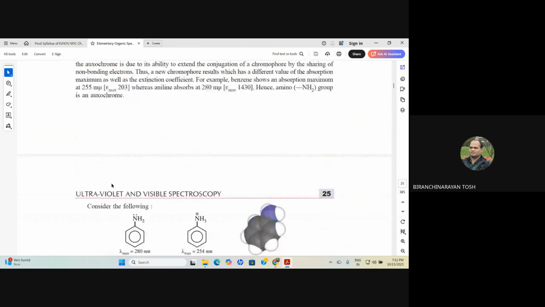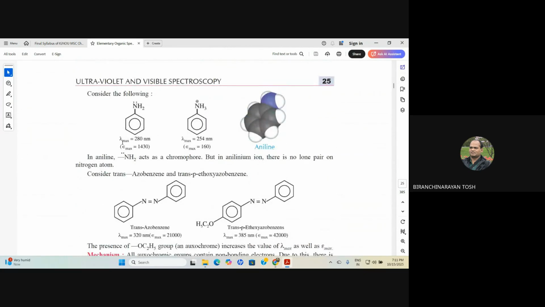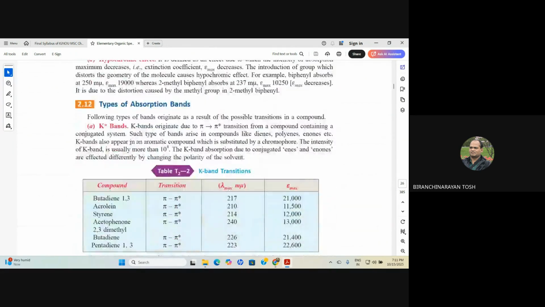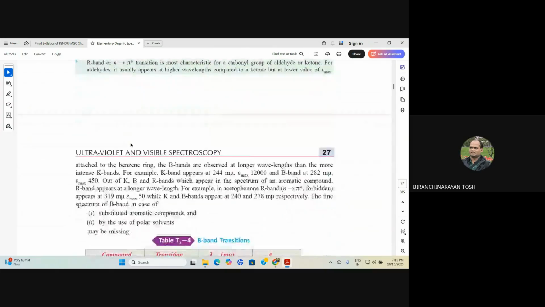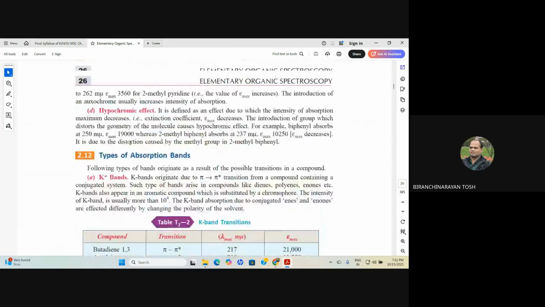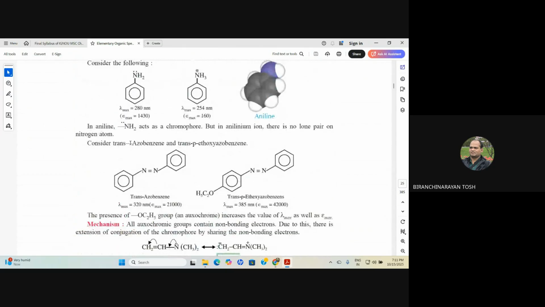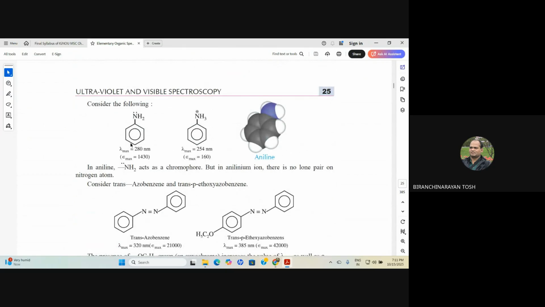Example you can see here, nitrobenzene and nitroaniline.